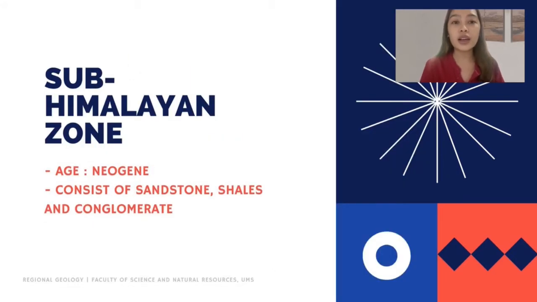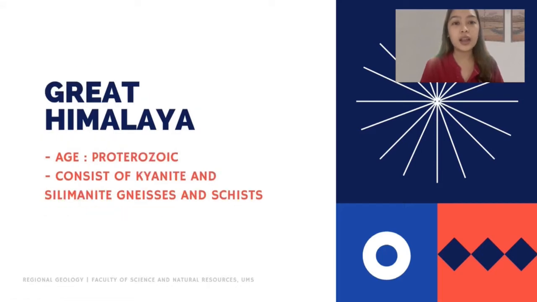Then, there is the Sub-Himalayan zone that is Neogene age and consists of sandstone, shale, and conglomerate. The third one is Great Himalaya that consists of kyanite, sillimanite, and schist that date from the Proterozoic.